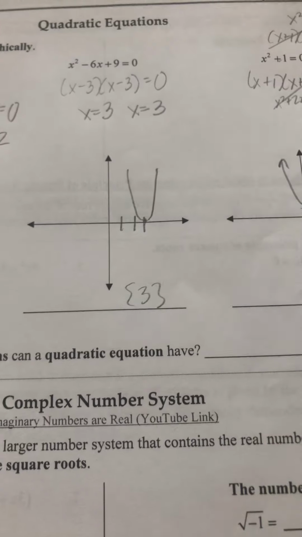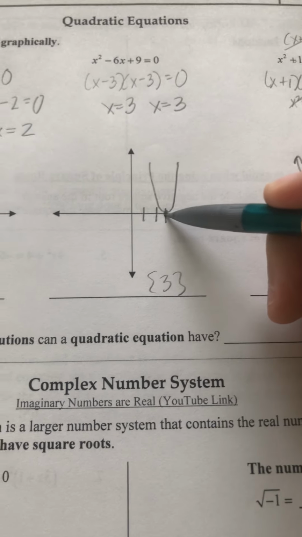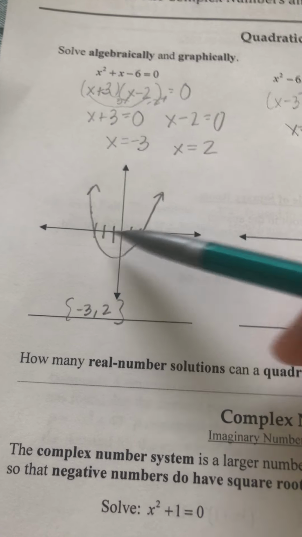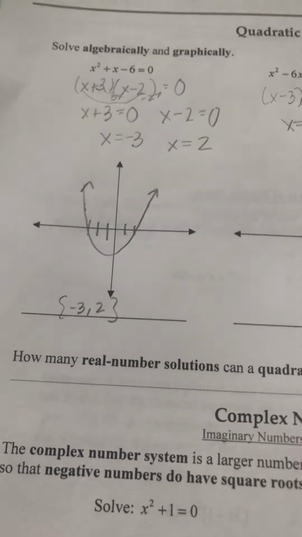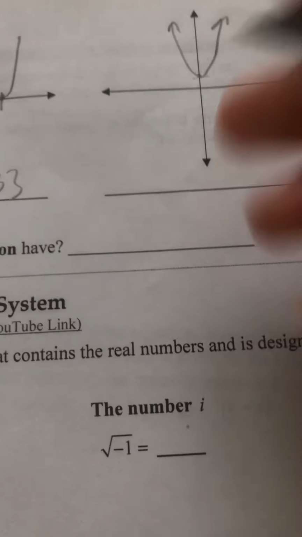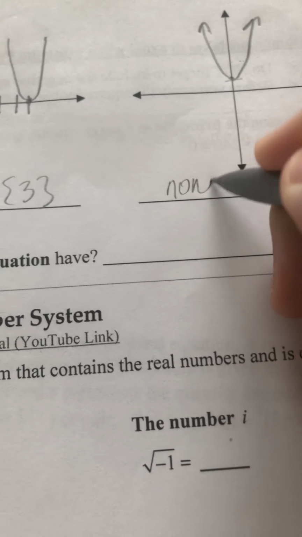This is 1 real number solution because it touches the x-axis in one place at 3, and this is 2, because it touches the x-axis in 2 places, it crosses the x-axis. So a quadratic can have either, so I'm going to put no solution.